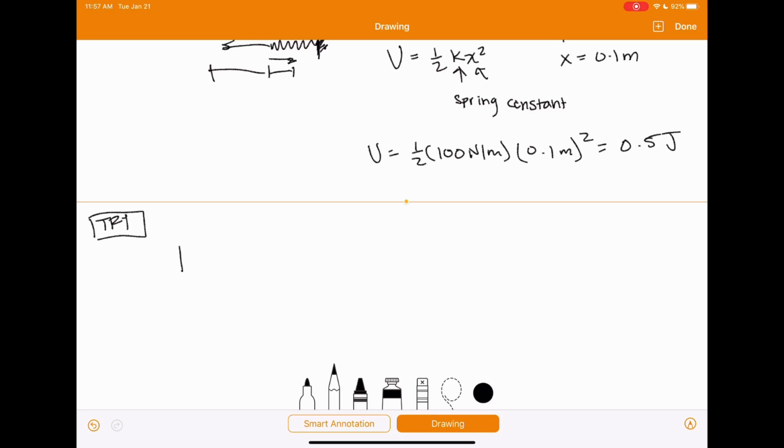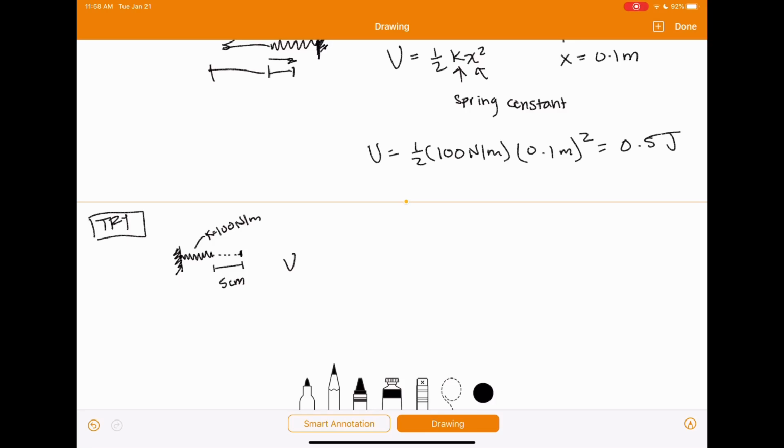If you had a spring, so the spring constant 100 newtons per meter, and you stretched that spring 5 centimeters, what would the potential energy of that be?